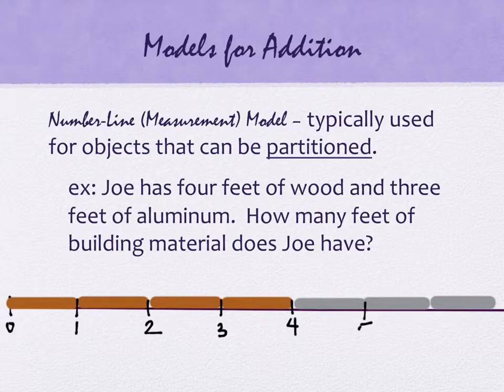So after 4 would be 5, and then 6, and then we have 7. So we're counting from a number line perspective, right?